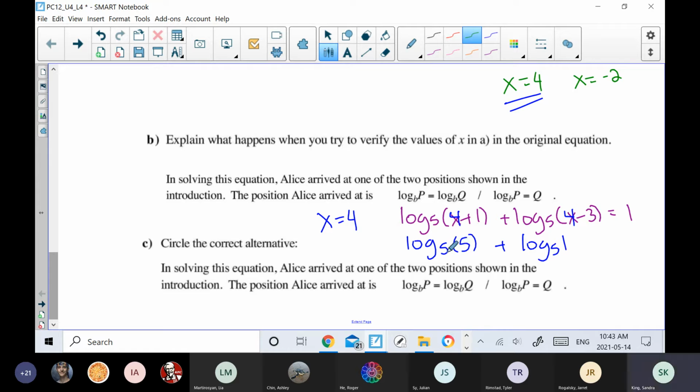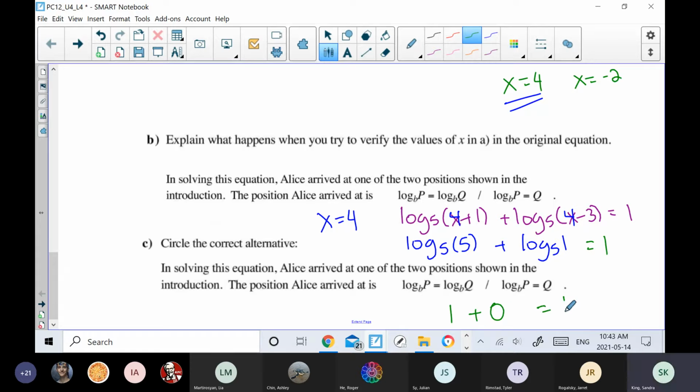Same argument, same base, that answer is 1. 5 to what power will give you a 5? That answer is 1. Whenever you have an argument of 1, your answer is 0, because 5 to what power will give you a 1? 5 to the power of 0. On the left-hand side, I've got 1 plus 0.